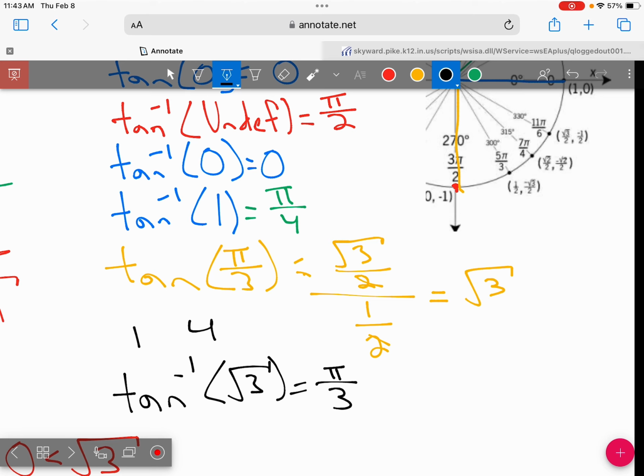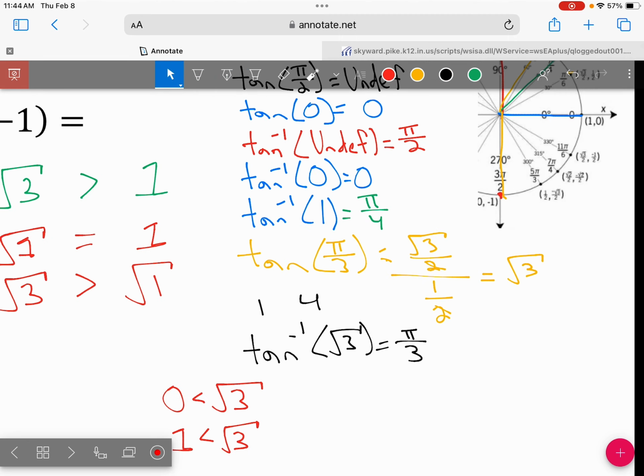So there's a point, if I asked you like pi over 2 minus 0.00001, just to the right of pi over 2, that tangent would be super big. And it goes all the way up until it takes us to undefined. And so yeah, every possible answer is possible for tangent. You can't just rule out if it's bigger than 1.